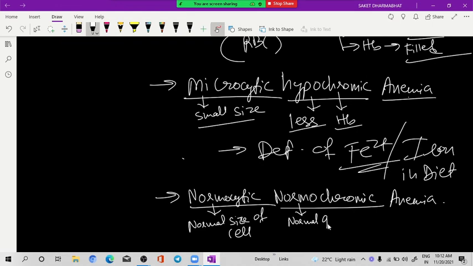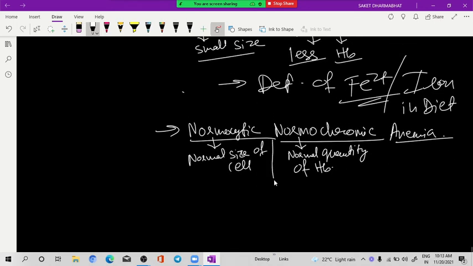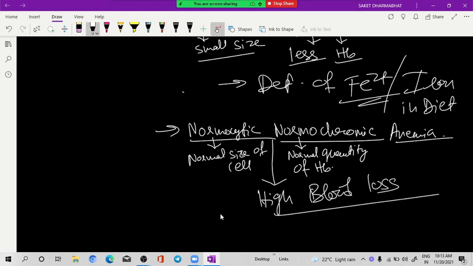Normal quantity of hemoglobin. But then also anemia is taking place. This type of anemia is caused due to what? High blood loss, in an accident or menstrual cycle. That time this type of anemia is caused. Normally females suffer from this type of anemia, normocytic normochromic anemia, because of that cycle. Understood?